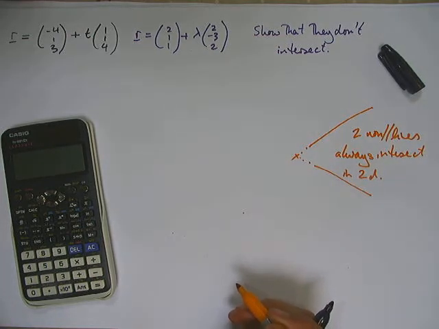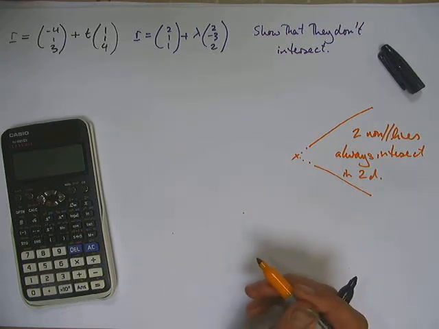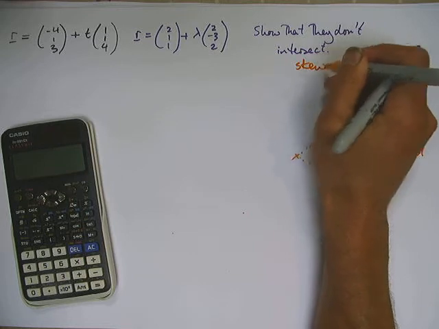That's not true in 3 dimensions. In 3 dimensions, you can have lines in parallel planes which aren't themselves parallel, but they don't intersect. Those lines are called skew.